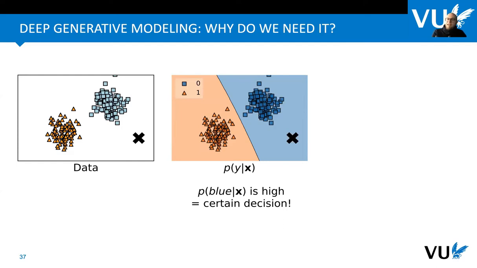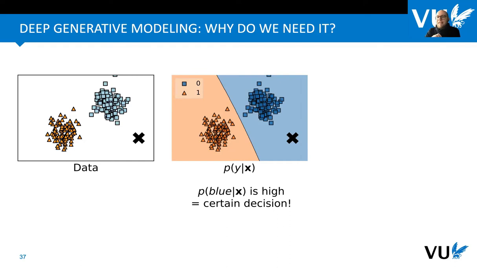So if now I ask you, what is the label of this black cross? Probably most of you would say, well, obviously this is blue, right? Because this lies on the blue part, and this is far away from the orange part. So this model actually says so. It says, yes, with very high probability, almost one, this is blue.